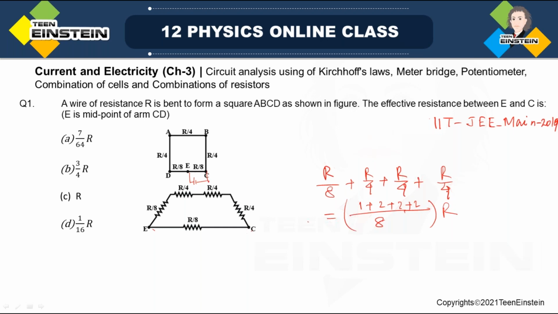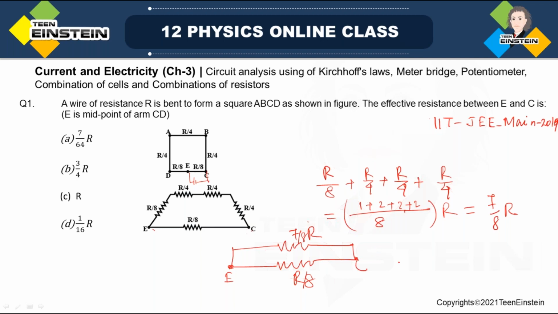So it is actually 7 by 8 R. Now I have got two things here between E and C. This is C and this is E, and I have the equivalent resistance, that is 7 by 8 R. This is a parallel combination. So now it is easy to find out.